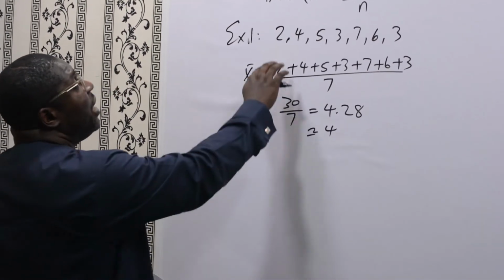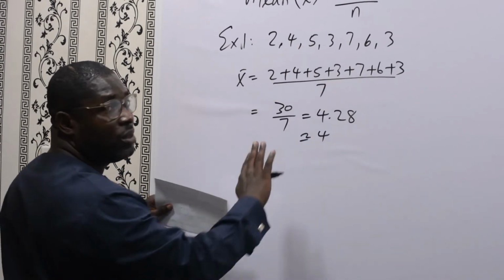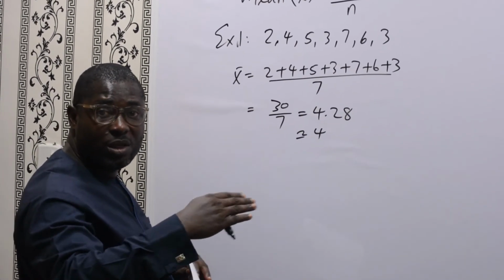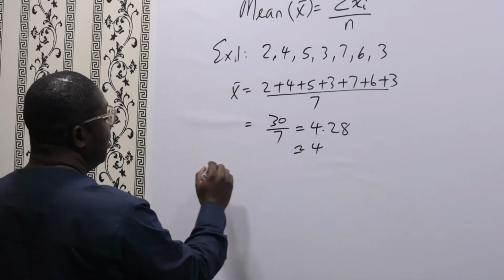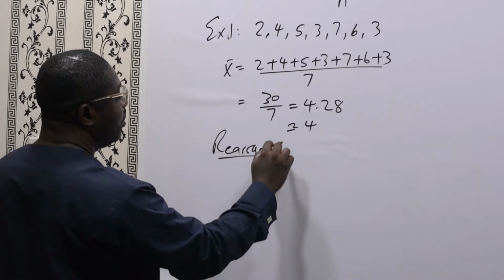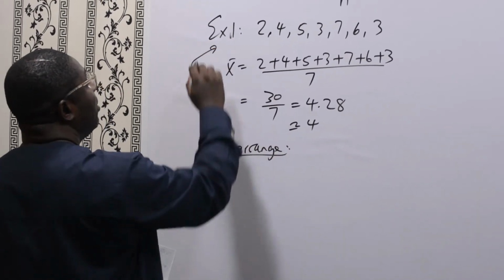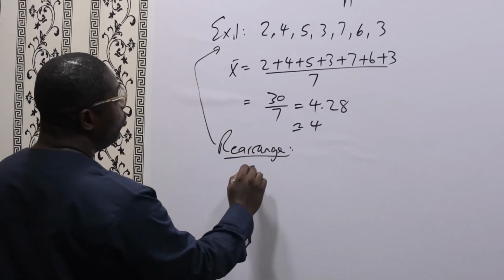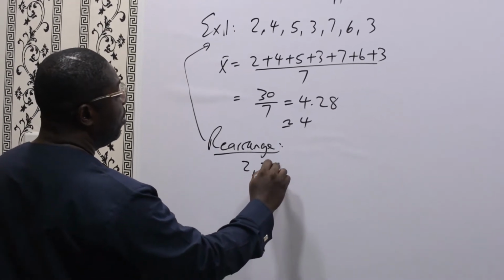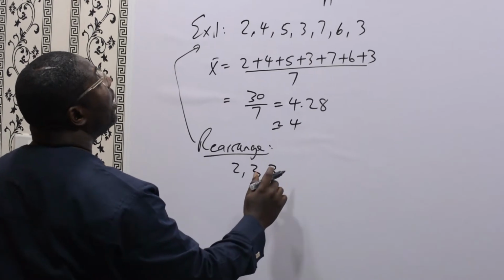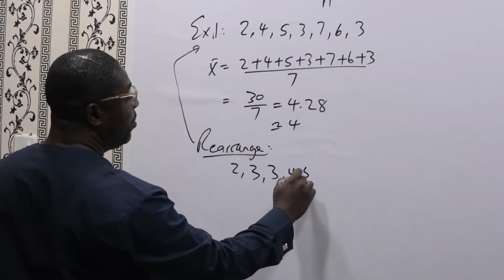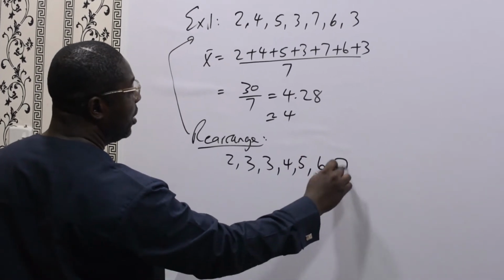Now, I'm going to show you something interesting in the distribution. If we rearrange these values according to order of magnitude in ascending order, we're going to have 2 as the first one, then 3, another 3, then 4, then 5, 6, and then 7.